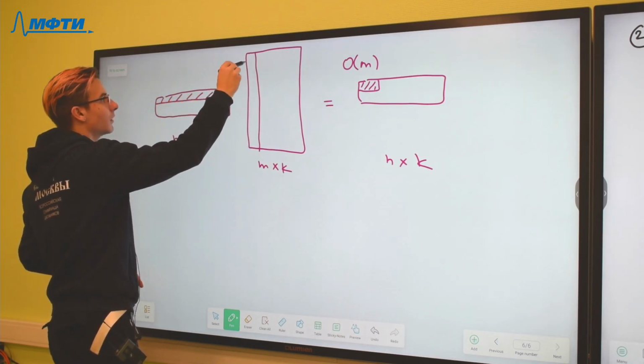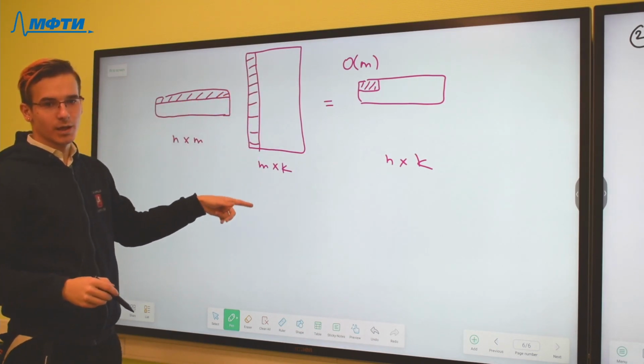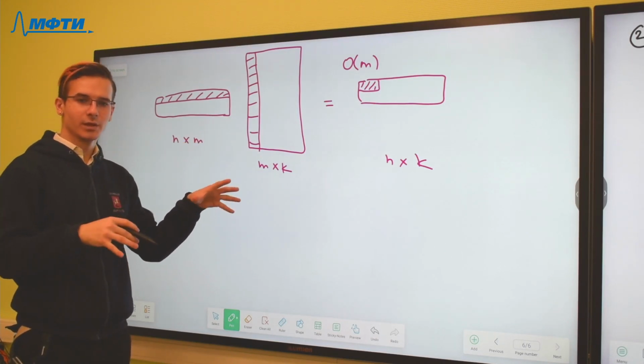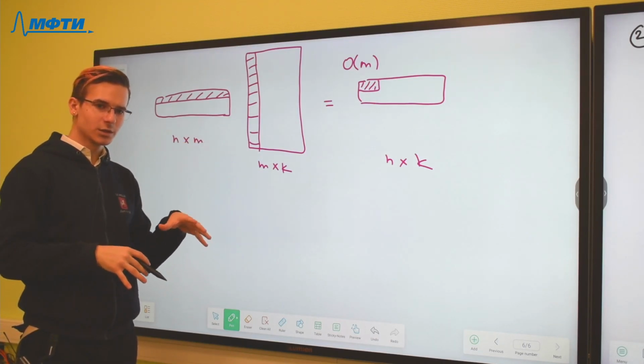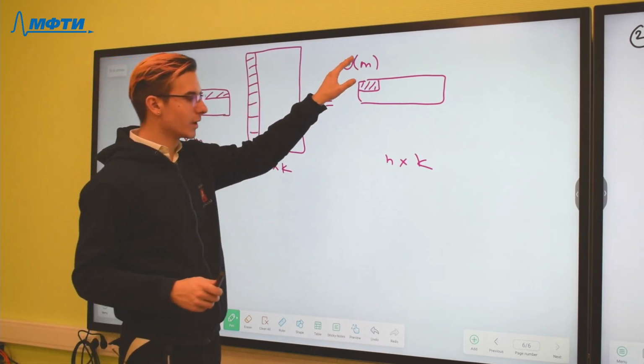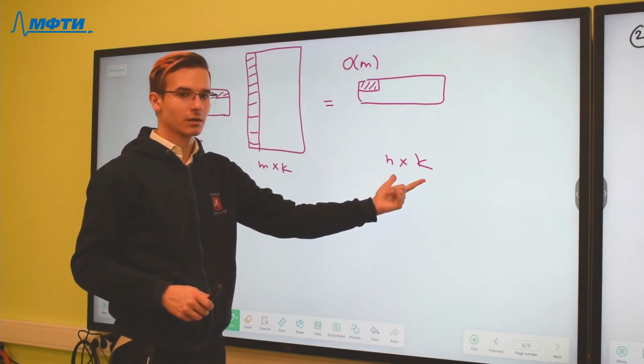How many elements here and here? M. We find pairwise multiplication and the sum of it. So we spend O of M time for each element, so we multiply by NK.